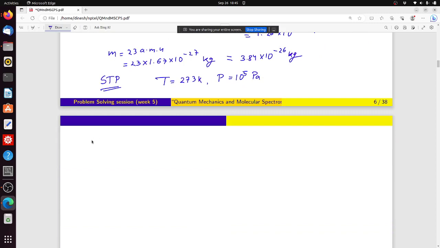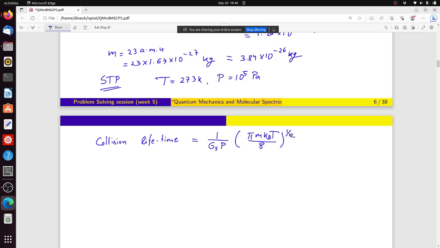For this collision lifetime, I am just writing the formula, you can check it from the books. The collision lifetime will be equal to 1 over cross section times pressure into (pi m k_B T over 8) to the power half.